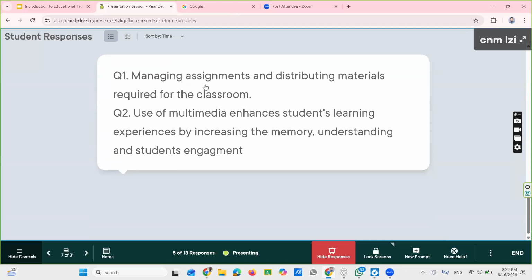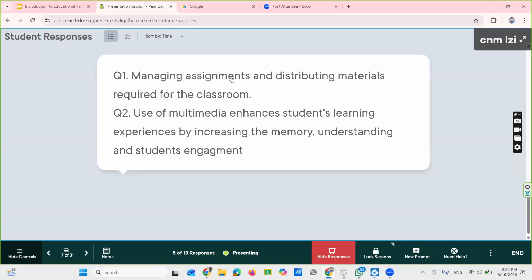Managing assignments, distributing material required for the classroom. That's okay. Distributing material required for the classroom is okay. But managing assignments, actually, assignments are managed by the teacher. Assignments mean trying to check the students' level. Once you are doing something in the classroom, you need to know whether the students understand that concept or not.